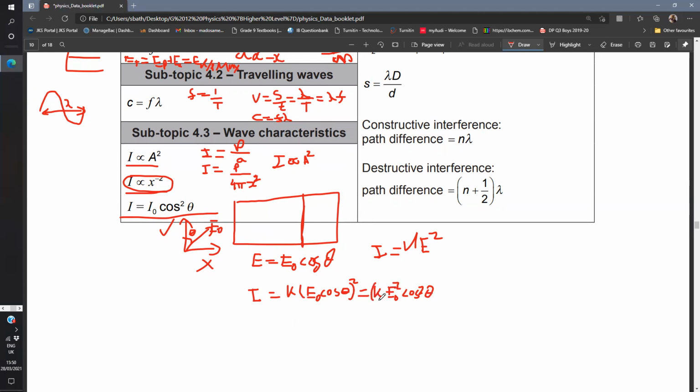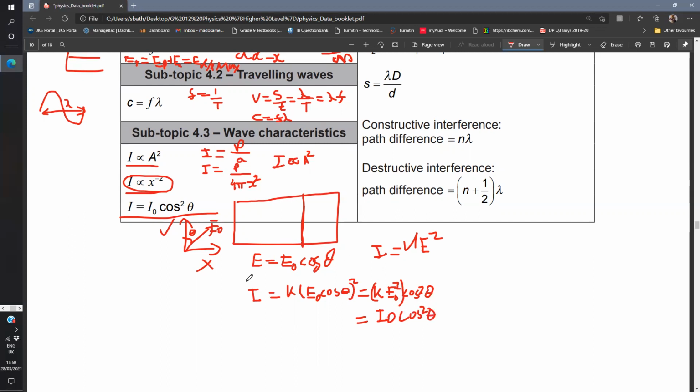Now if we combine this in a bracket, isn't this basically I naught? So this is going to be I naught cosine squared theta. And that's basically how we derive it.